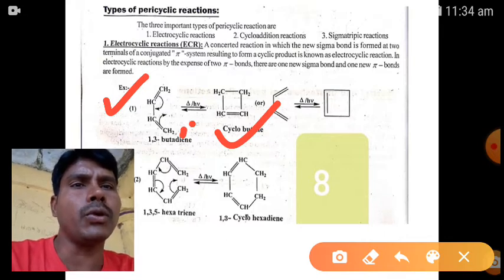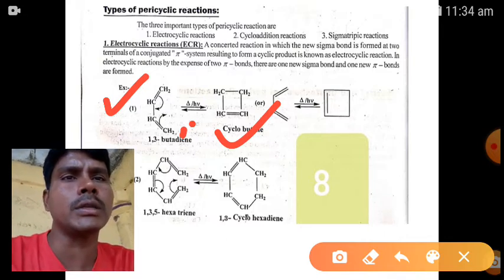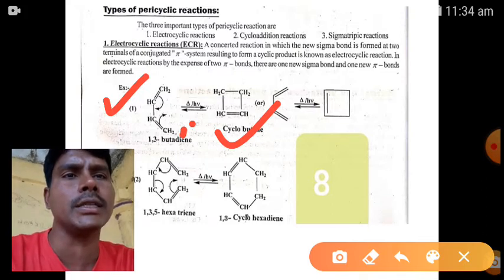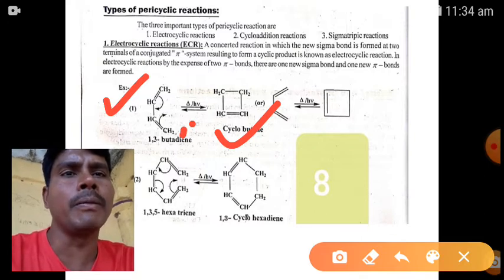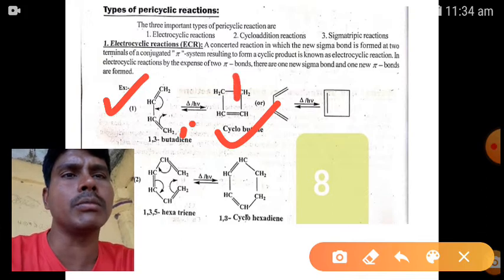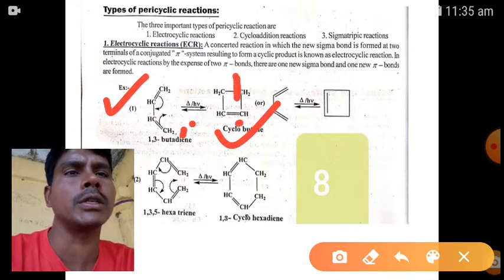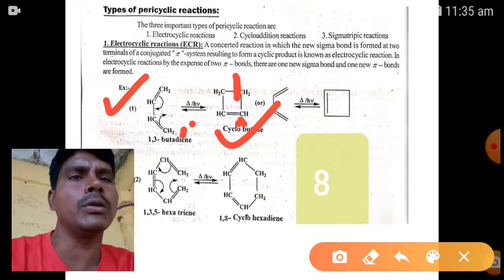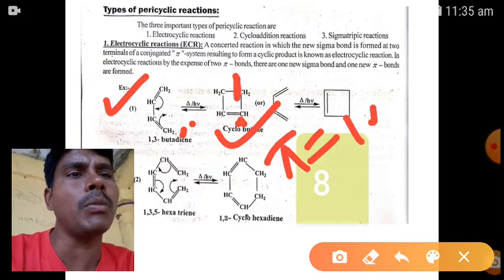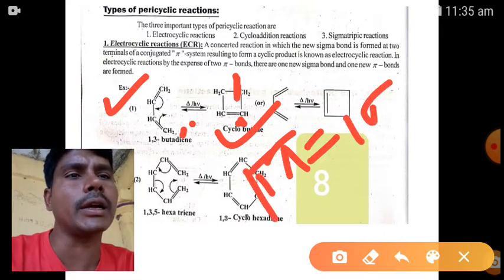Here, four carbons: this pi bond comes between the CH carbons, and then one new sigma bond is formed at CH2. So this is the new sigma bond, and this is the new pi bond. Simply, one pi bond is lost and one sigma bond is gained. This is the electrocyclic reaction.